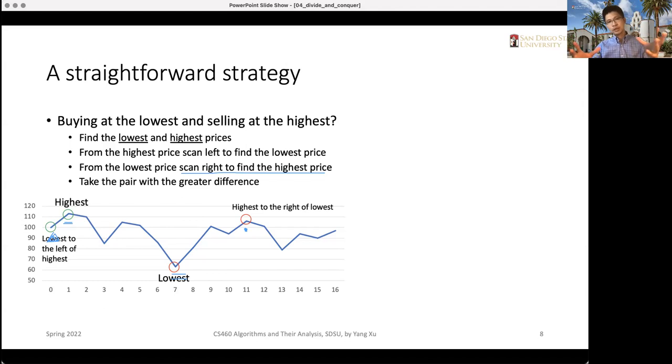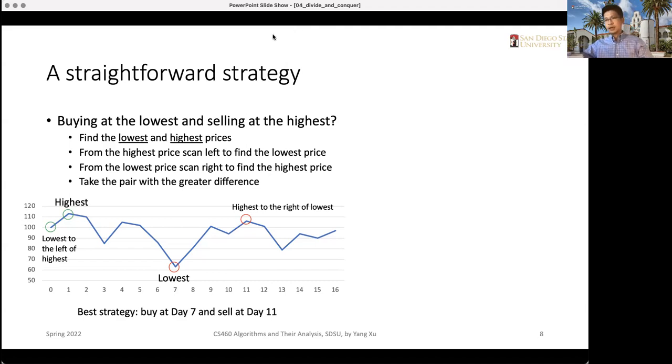But we can always compare. We can take these two pairs and keep the one that gives us the greater difference, right? So it tells us that we should buy at day 7 and sell at day 11. Okay, so it seems like this is a nice strategy.